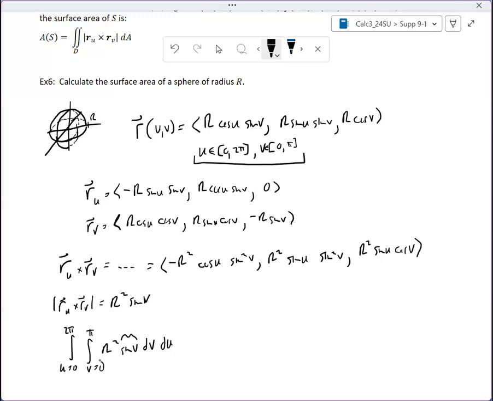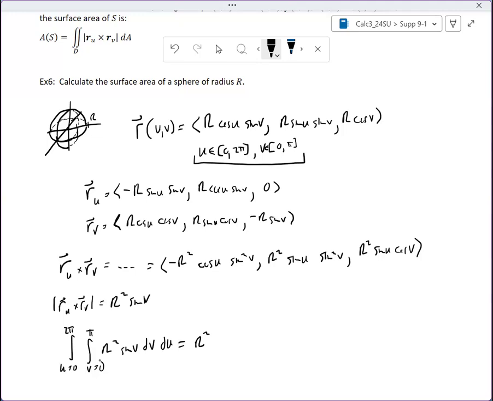Note that if we made the mistake of integrating, say, v equals 0 to 2 pi, the translational symmetry of sine v is going to give us just a 0. So we'd know that that wasn't right. So we've got to integrate v equals 0 to pi. And so I get R squared that comes out. The integral u equals 0 to 2 pi du.